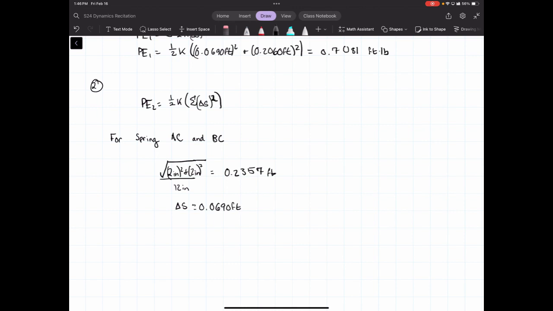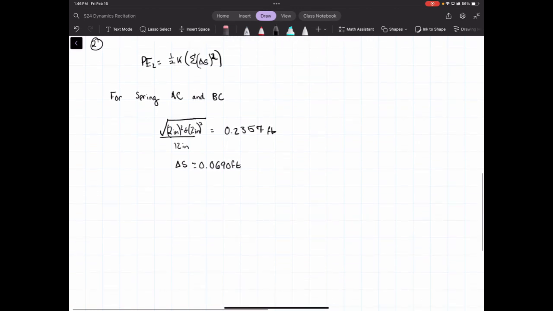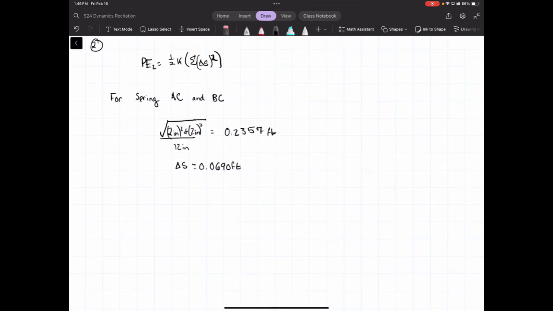All right, so we can go ahead and solve for our potential energy at state 2.